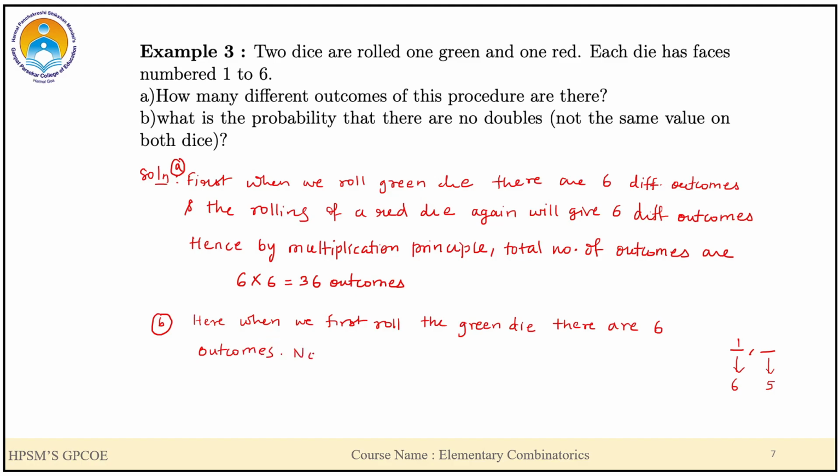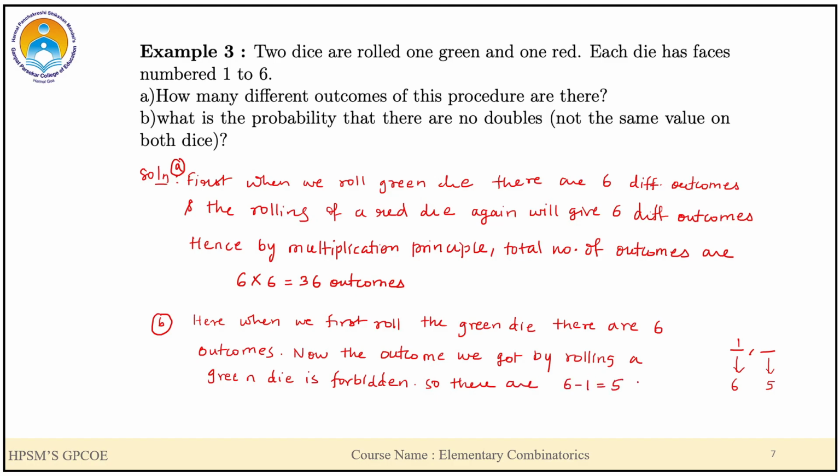Now, the outcome we got by rolling a green die is forbidden. So there are 6 minus 1, which is equal to 5 choices we have on rolling the red die.